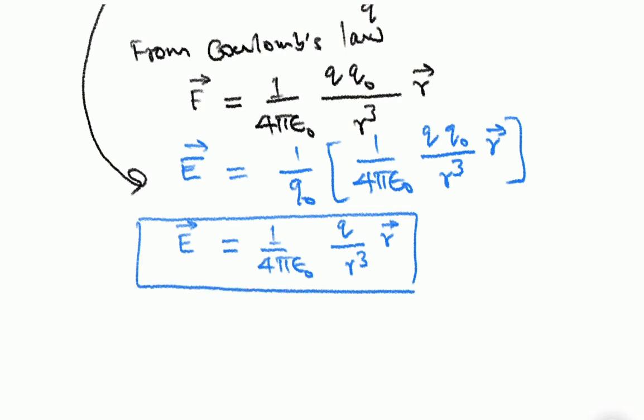So this formula gives the electric field intensity at a distance r because of the point source q.